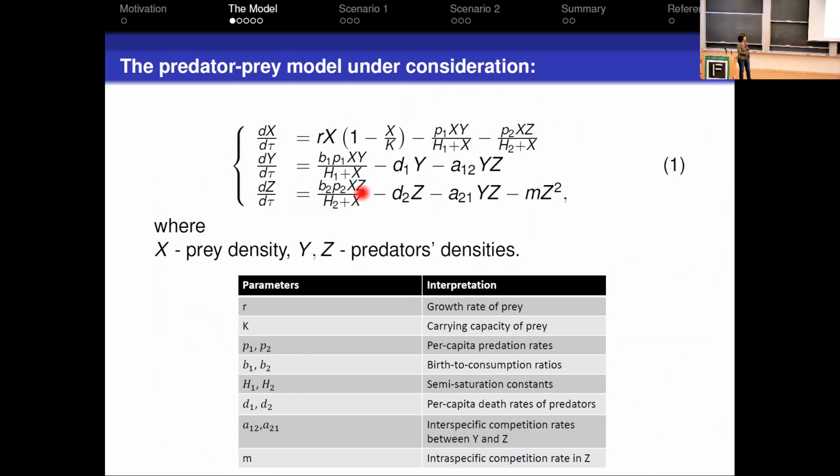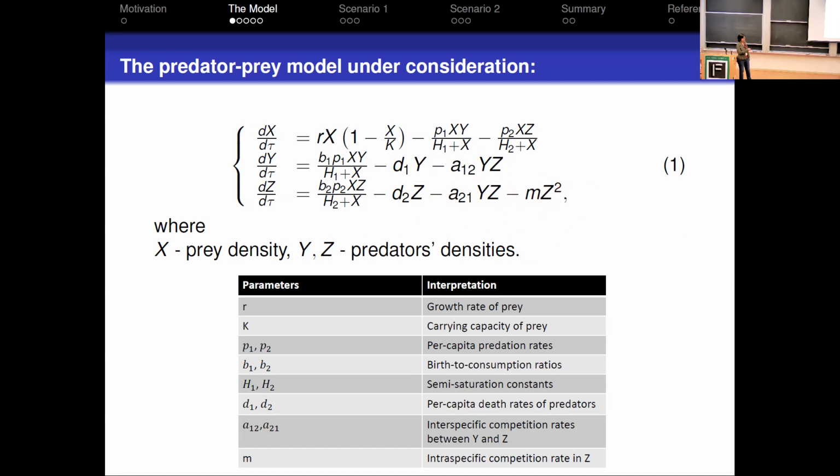The consumption of X leads to the growth of Y and Z given by these terms, and then we have the natural death of Y and Z given by these two terms. Further, we take into account interference competition between Y and Z given by these terms. And then further, we have intraspecific competition in Z given by this last term over here.